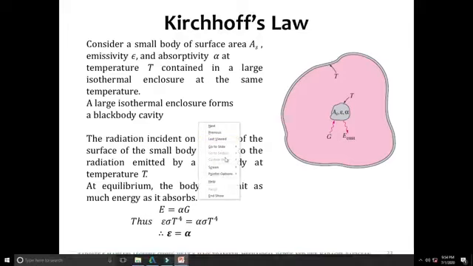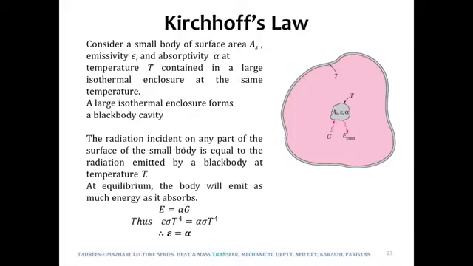So now the radiation incident on any part of the surface of the small body would be equal to the radiation emitted by the black body, meaning by the large enclosure at temperature T. It means that if the two bodies are in equilibrium, then the small body will emit as much radiation as it absorbs, right?